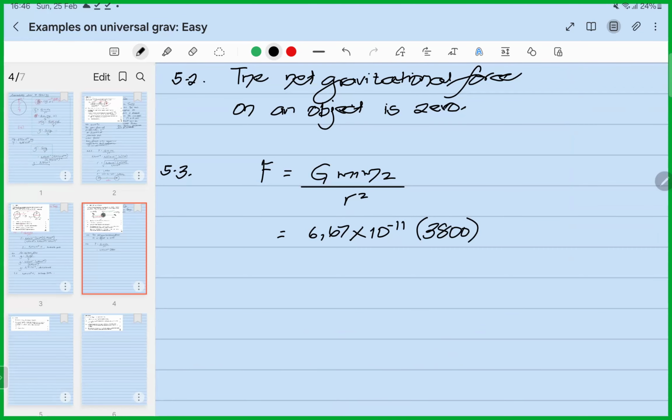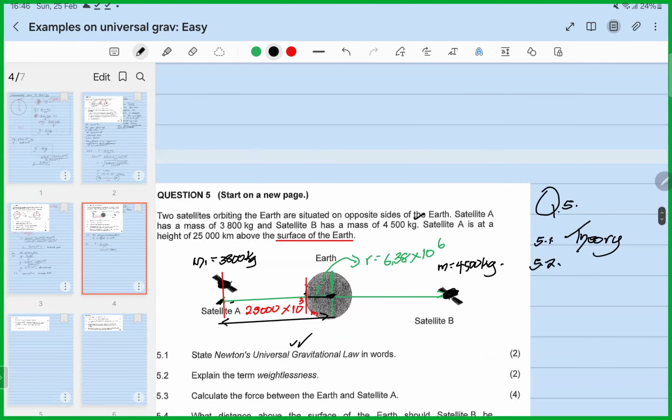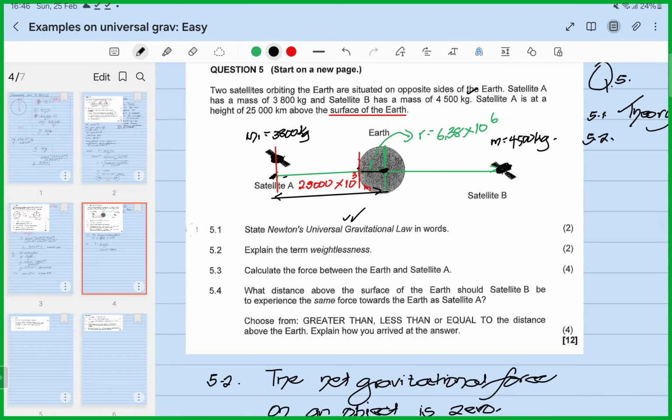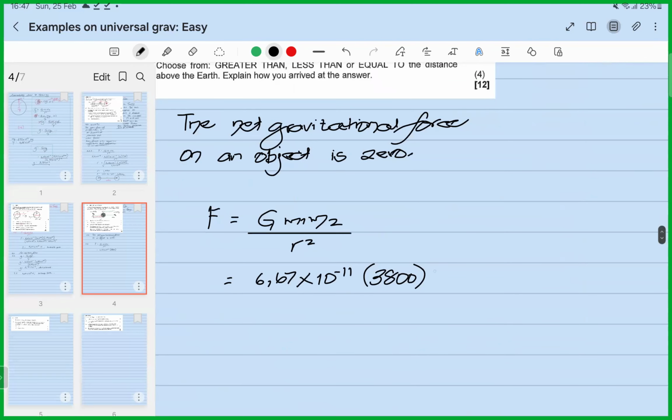Mass 2 is the mass of the Earth. They didn't give it to us, so we're going to get that from our data sheet. I'm just going to take the most current or popular value for the mass of the Earth, which is 5.97 times 10 to the 24. That's the mass of the Earth.